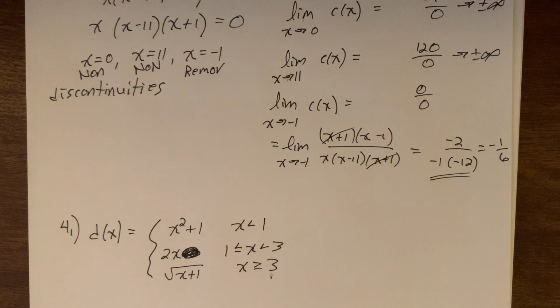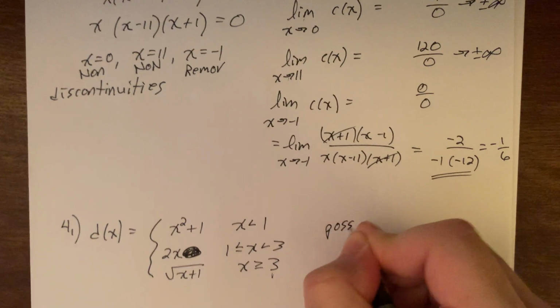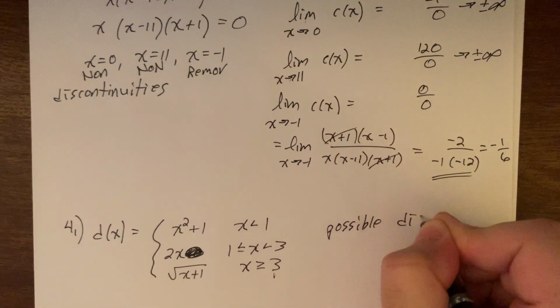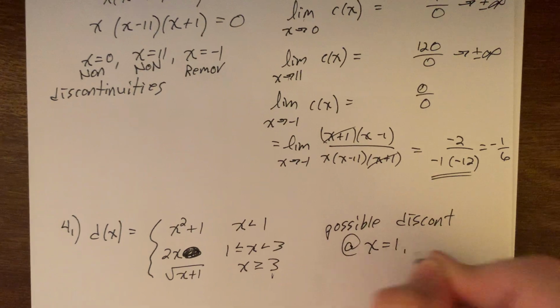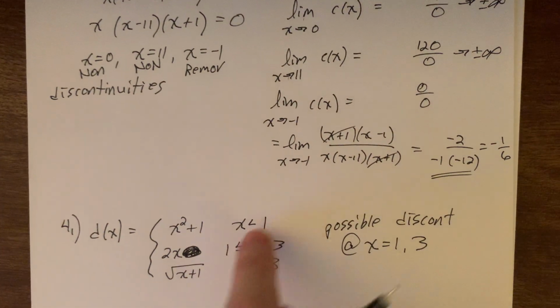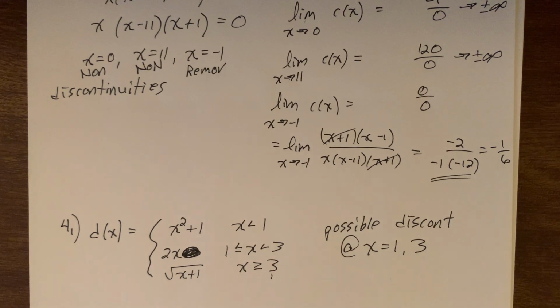So now, these are not definite discontinuities, but I have possible discontinuities at our turning values. In this case, we have 2 turning values, so we're going to have 2 spots to investigate. But here's a big problem, everybody.